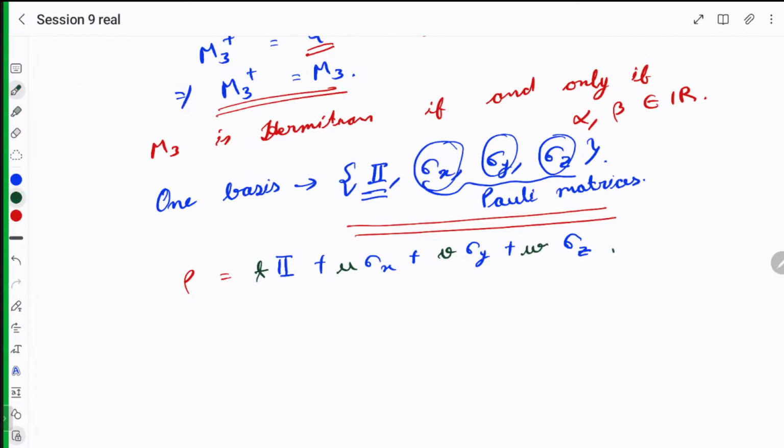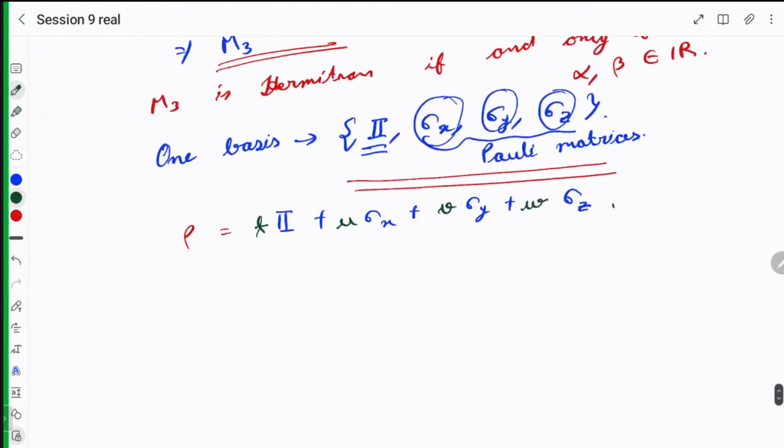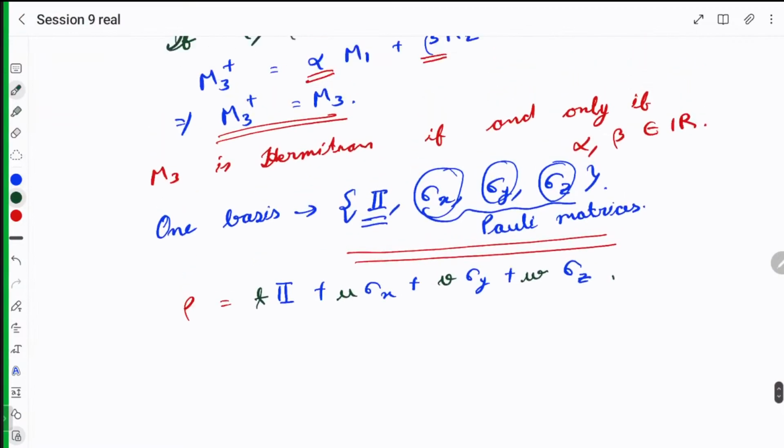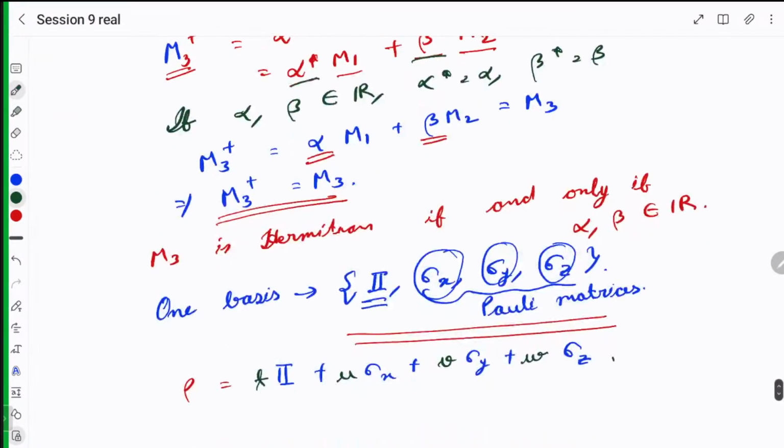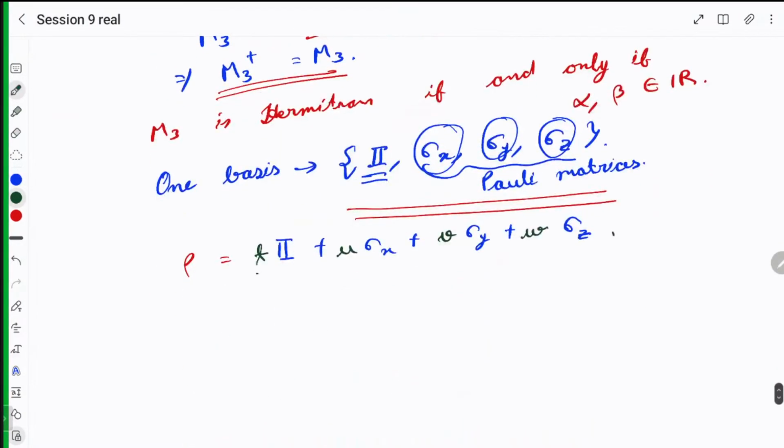Since this is a vector space over the field of real numbers, T, U, V, W are all real numbers. So this is how you can represent a density matrix.